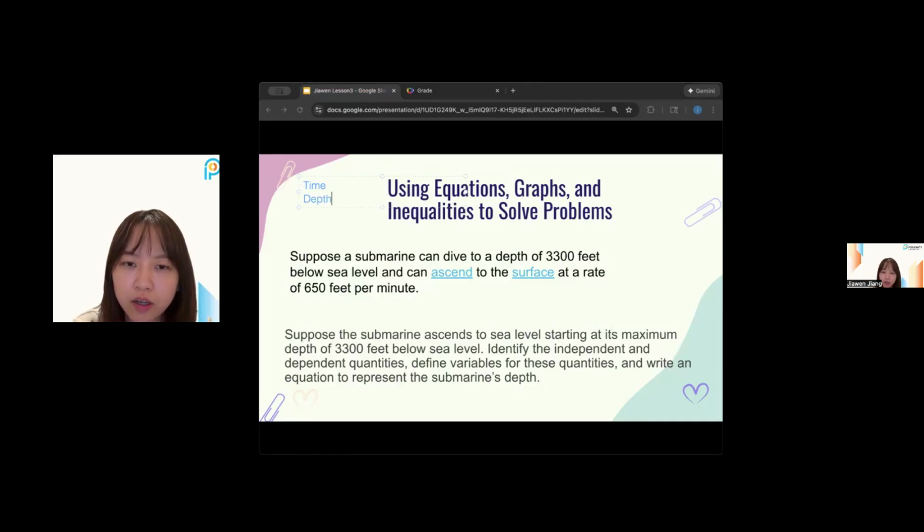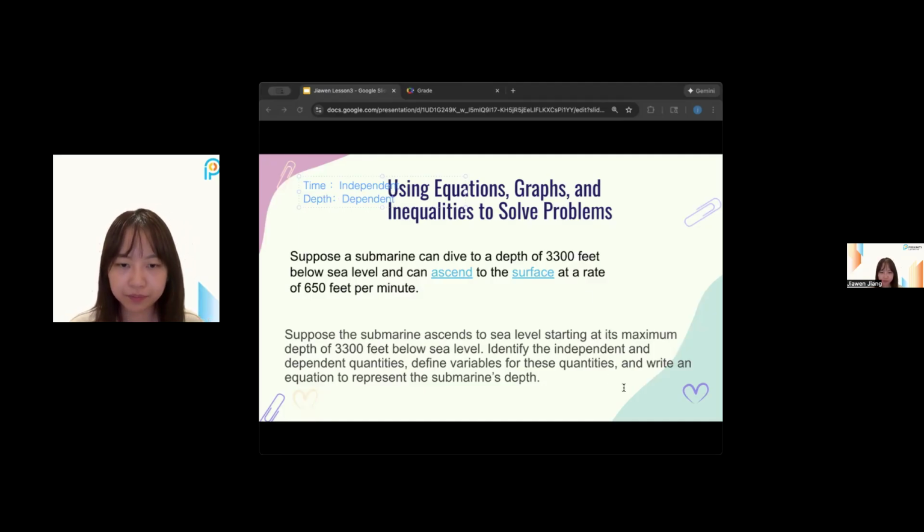Can anyone tell me which one is the independent quantity and which one is the dependent quantity? Time is the independent quantity, and depth is dependent, so depth depends on time.